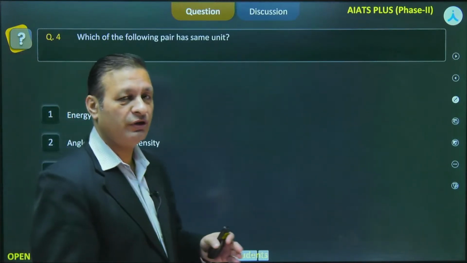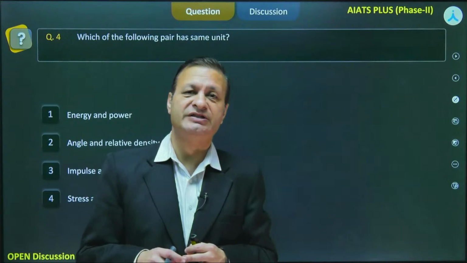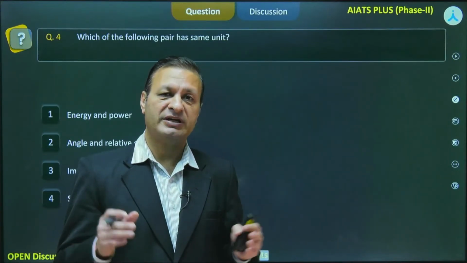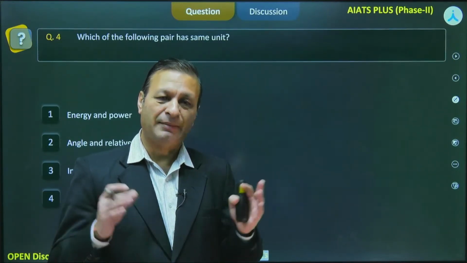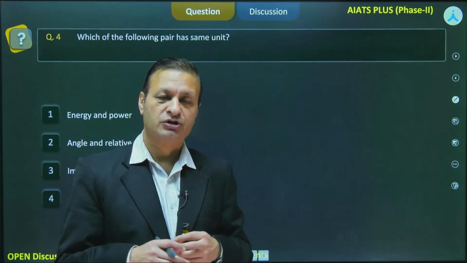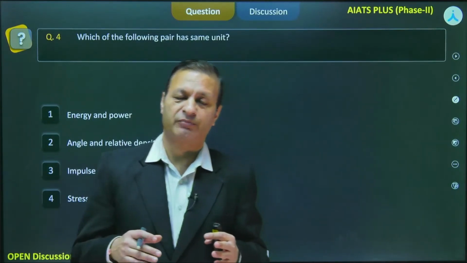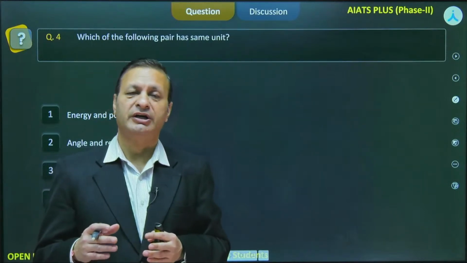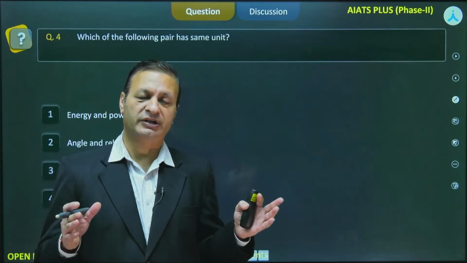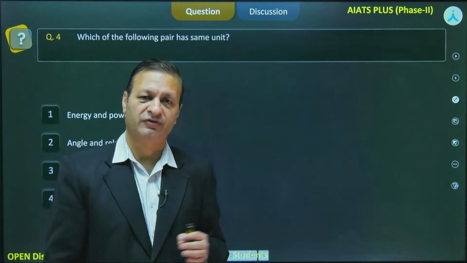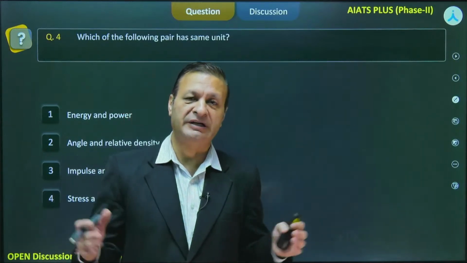Whenever you have this kind of question, it's quite easy to answer if you have memorized all the dimensional formulas. You have probably 118 to 120 physical quantities listed in your syllabus of +1, +2, for the complete NEET part.